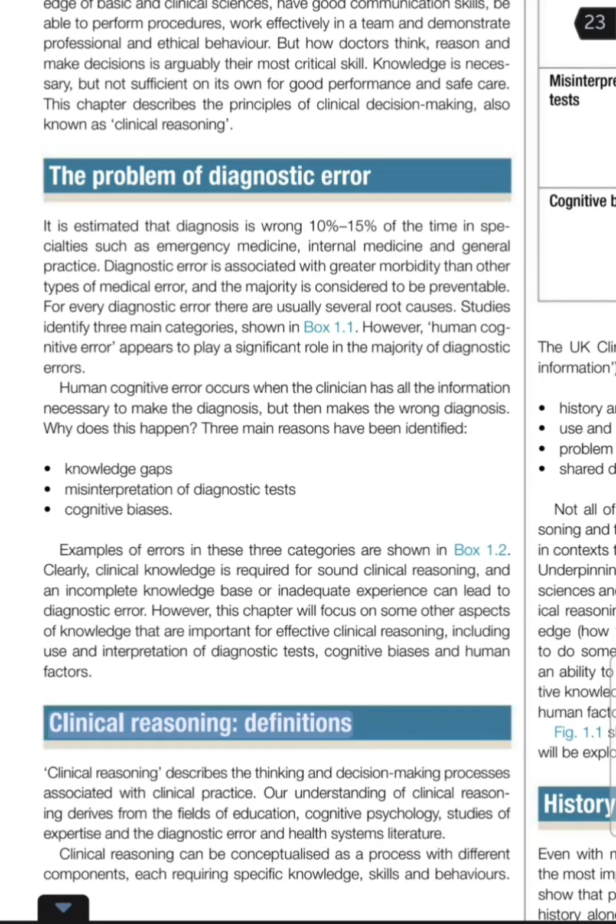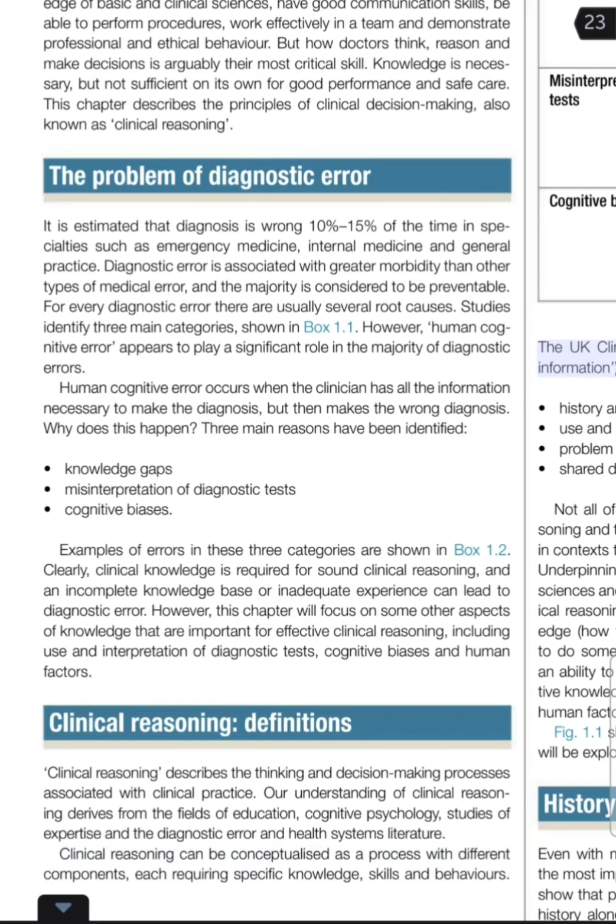Clinical reasoning. Definitions. Clinical reasoning describes the thinking and decision-making processes associated with clinical practice. Our understanding of clinical reasoning derives from the fields of education, cognitive psychology, studies of expertise, and the diagnostic error and health systems literature. Clinical reasoning can be conceptualized as a process with different components, each requiring specific knowledge, skills, and behaviors.